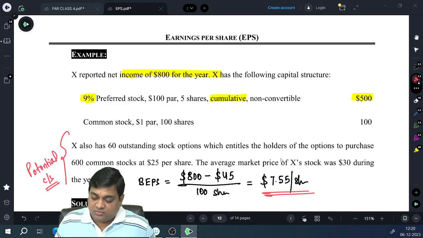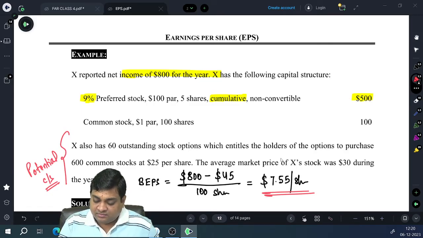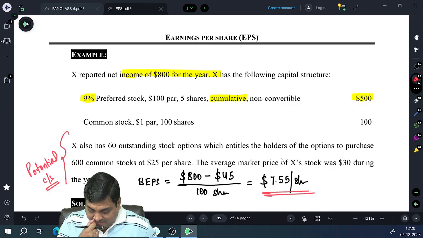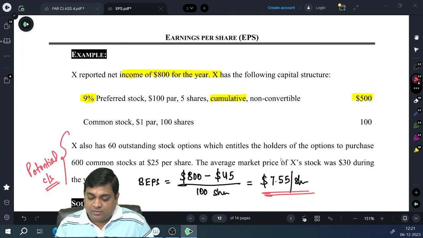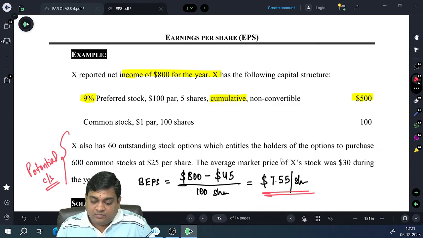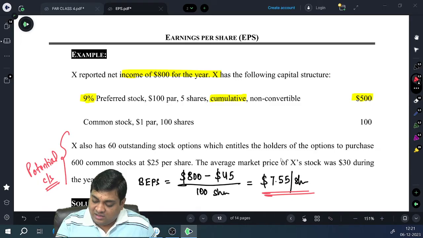Now, first of all, we have to calculate the incremental number of shares. So 60 options have been given to purchase at 25. Sorry, each stock option gives them 600 common stock. Okay, fine, no problem. X also has 60 outstanding stock options which entitle the holder of the option to purchase 600 common stocks at 25 per share. So let us do one thing.